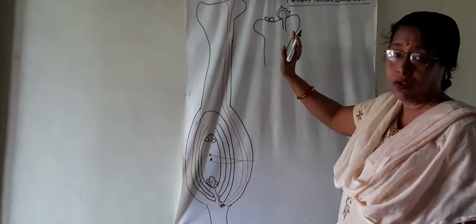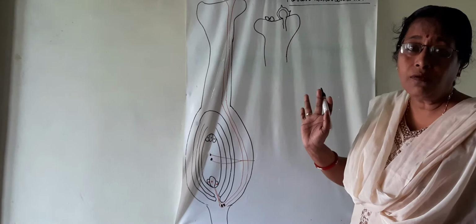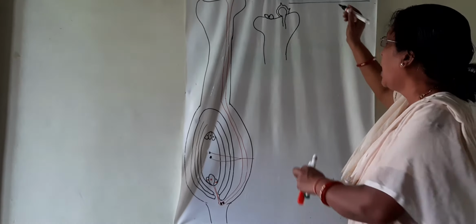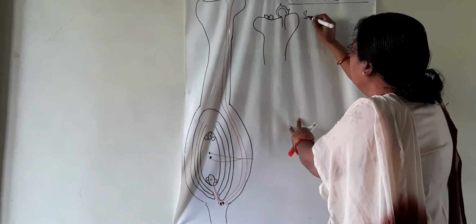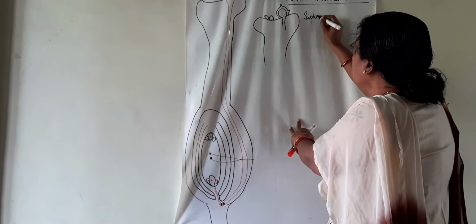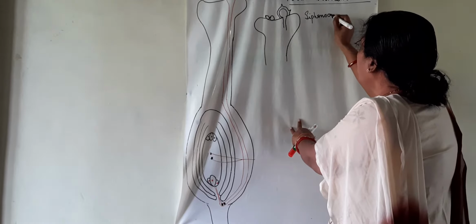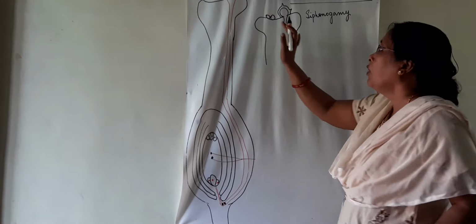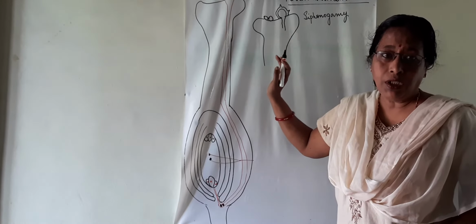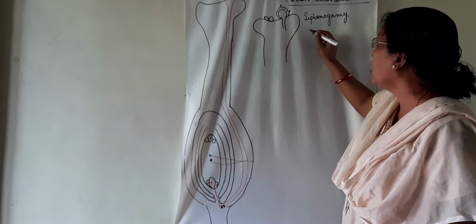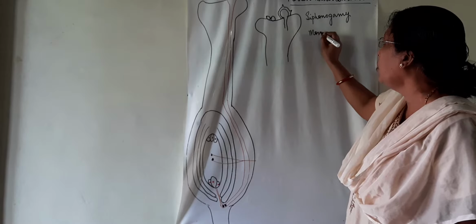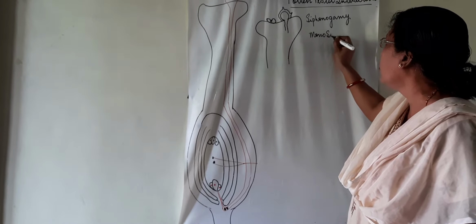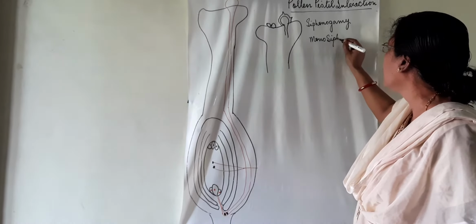This whole phenomenon of germination of the pollen tube is known as siphonogamy. If one pollen tube germinates, then it is known as monosiphonogamy.